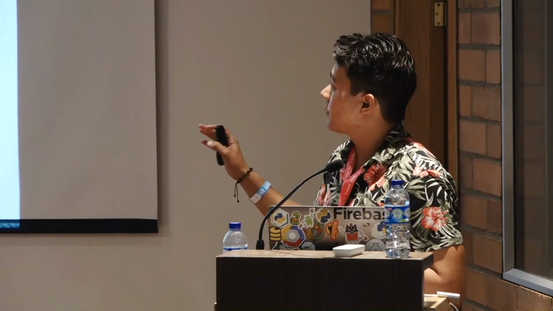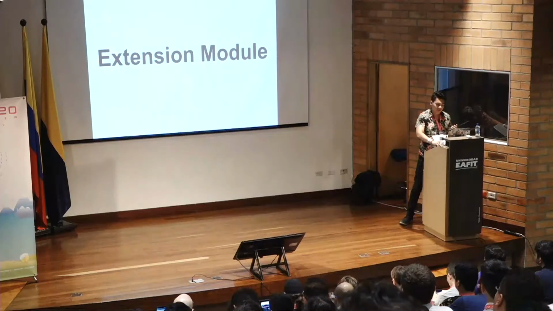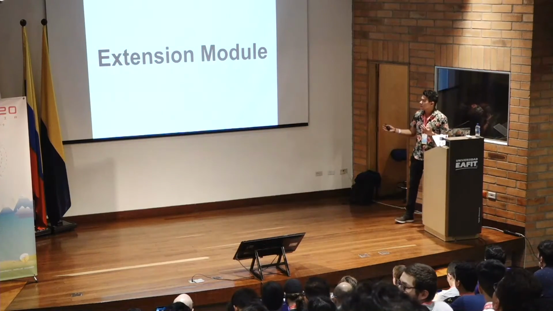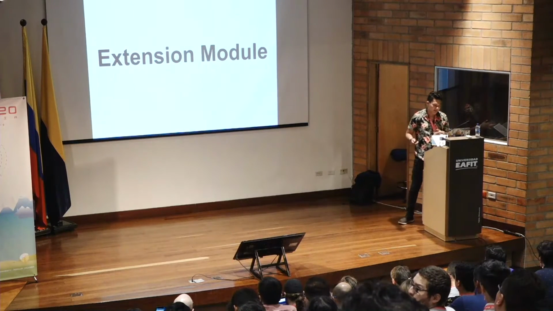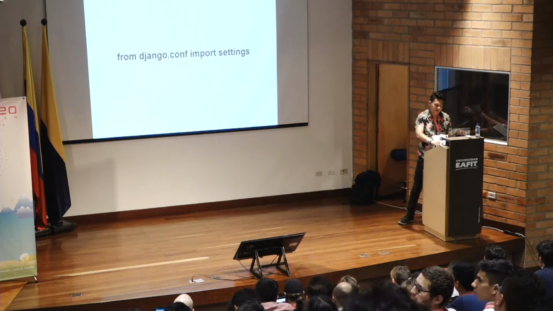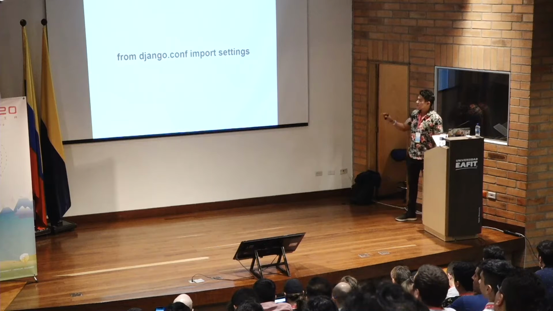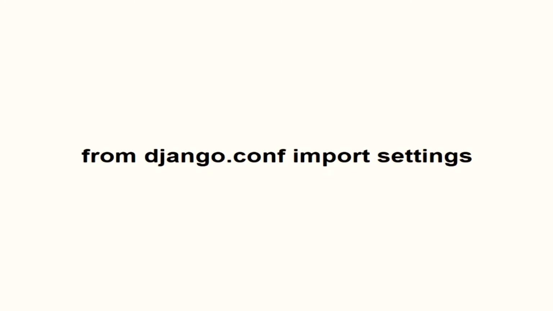It's the closest thing to writing low-level code in Python. And there's also the extension module, or what we know as a normal Python file. Following this simple example from the Django framework, we have: from django.conf import settings.